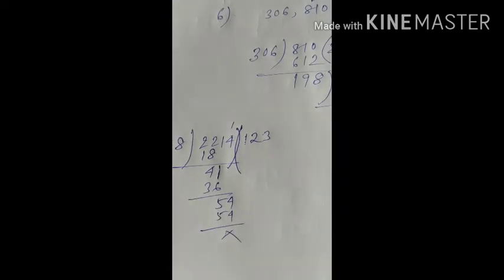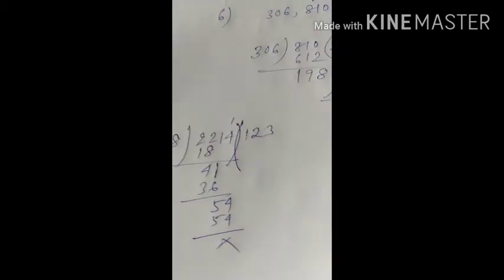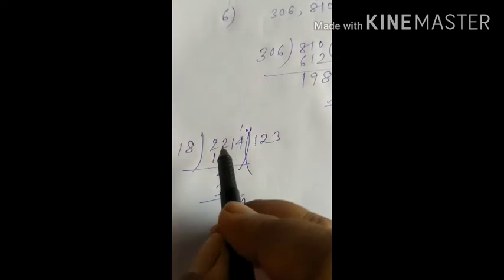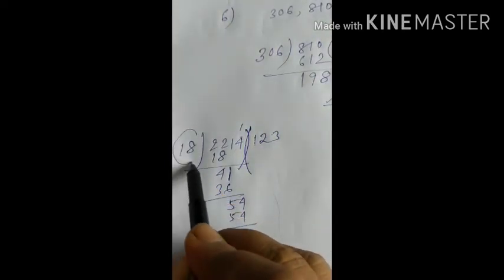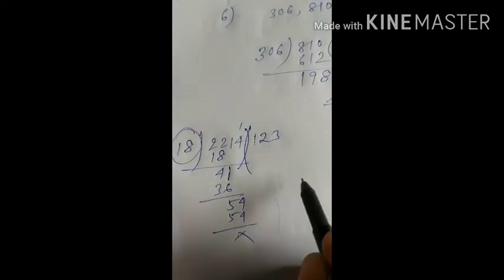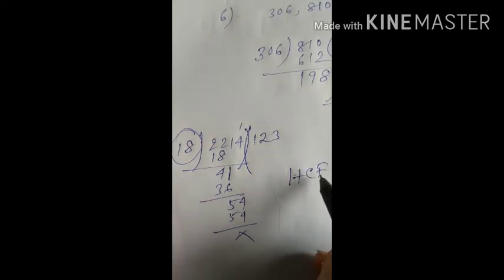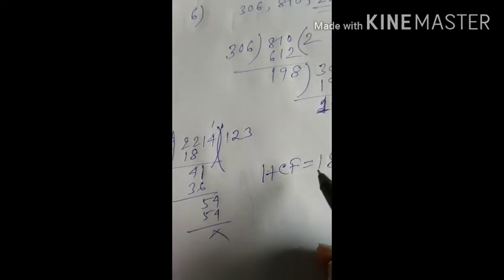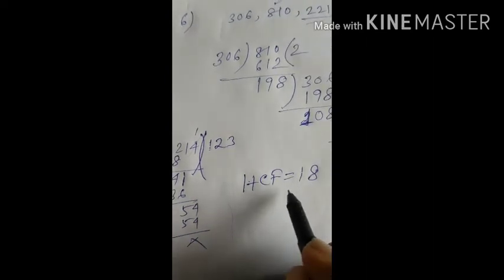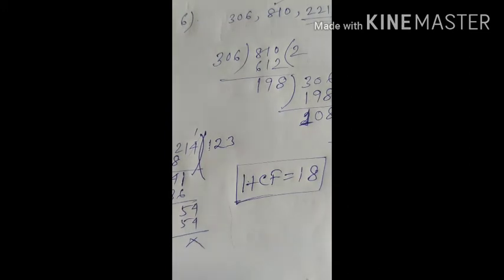So here we see that the third number is also divisible by 18, hence HCF will be 18. Okay.